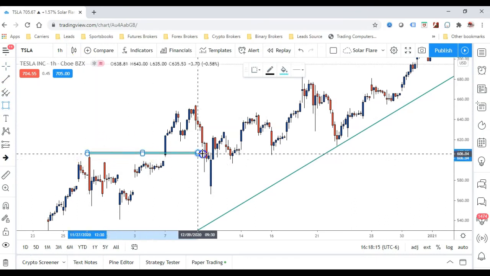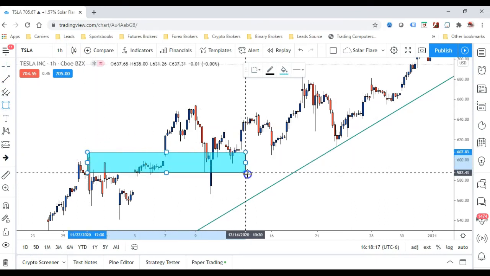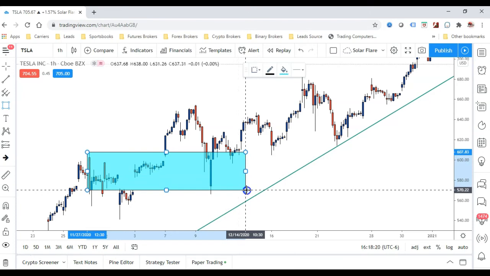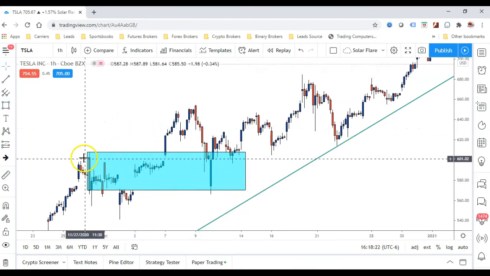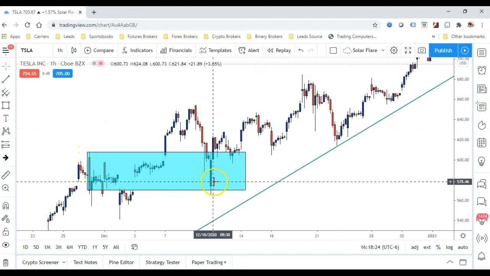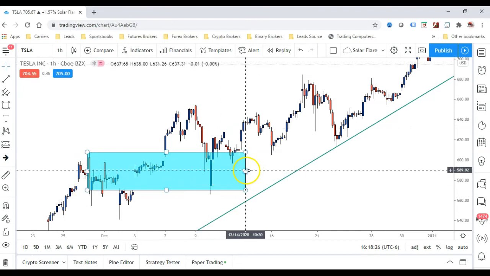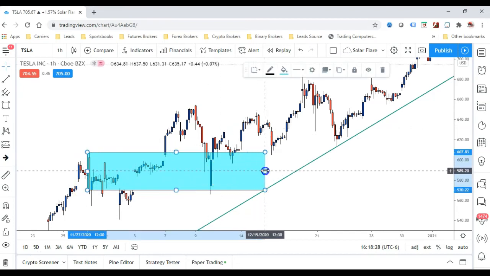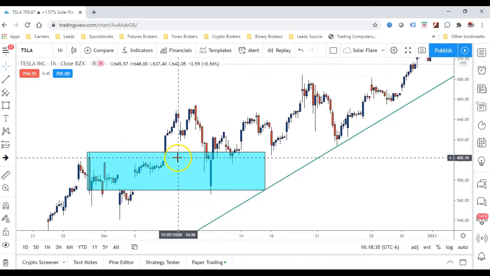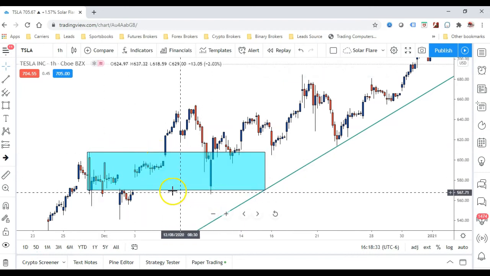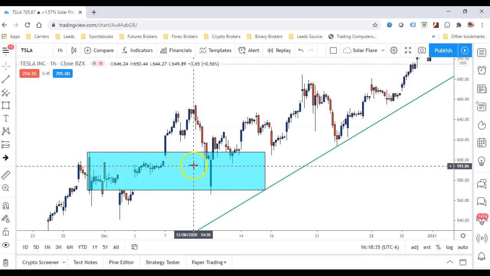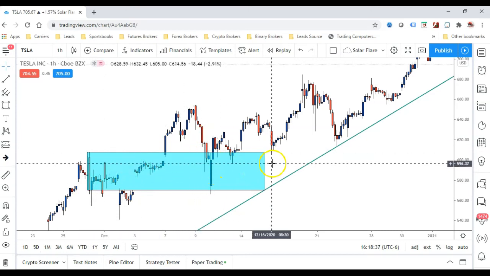So we got the swing high. Now this one, look at this candle though. Remember I said we do the full candle. So be very careful because you're dealing with a big stop loss here. But you would have got in, it didn't break the zone of that candle. It came back down.